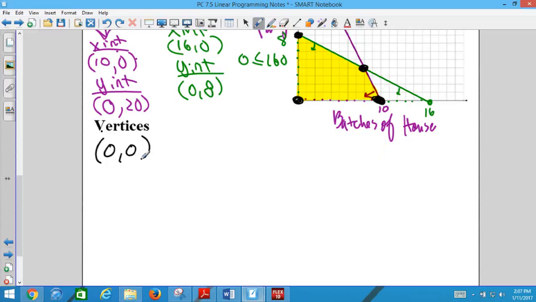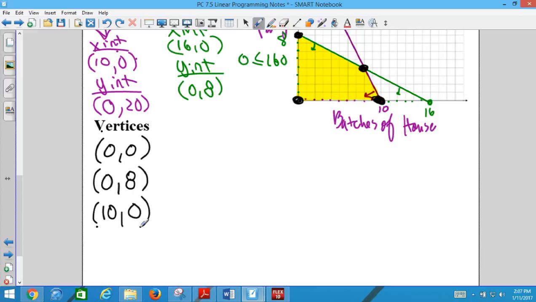Second one, 0, 8. Doesn't really matter the order. Third one, 10, 0. Fourth one, I'm not sure.